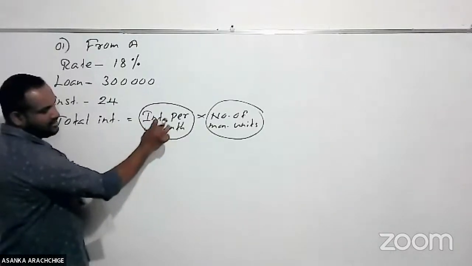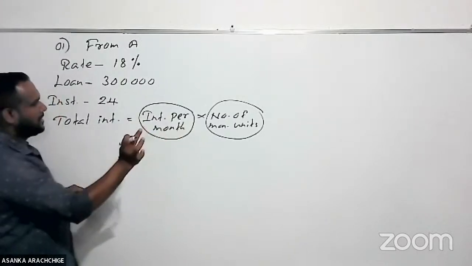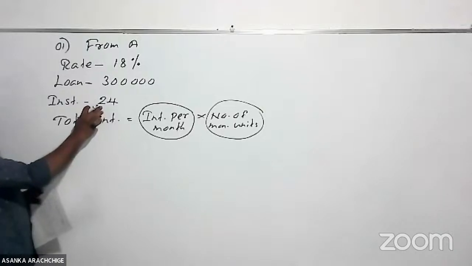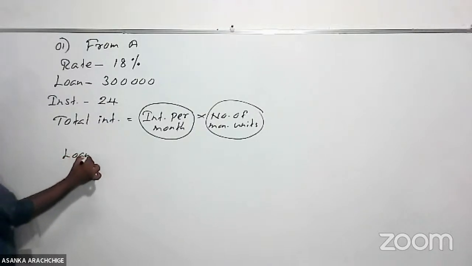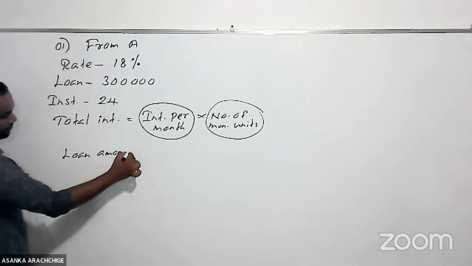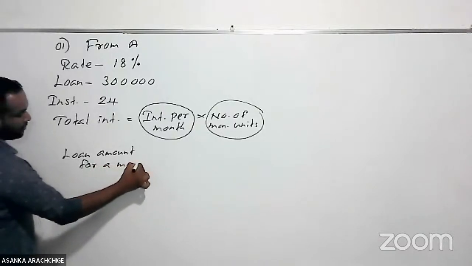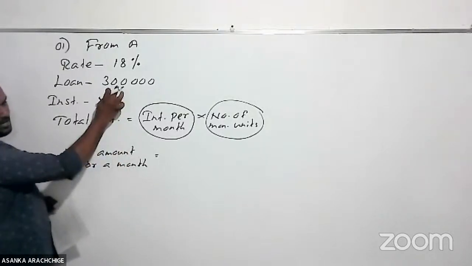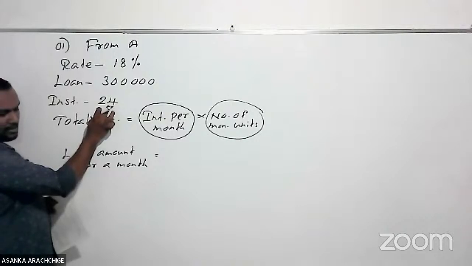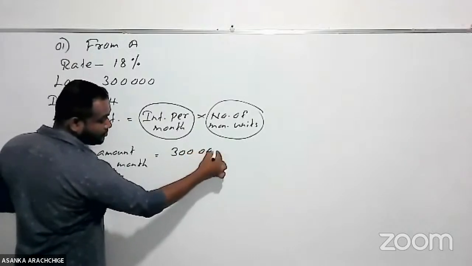So, to find the interest per month, එක මාසයකට interest එක හොයන්න නම් you have to find the loan amount for 1 month. Understood? Therefore, you can find it like this. Loan amount for a month, එක මාසයකට loan amount එක. How to find it? Divide the total loan amount by the number of months. The total loan amount is 300,000 rupees.